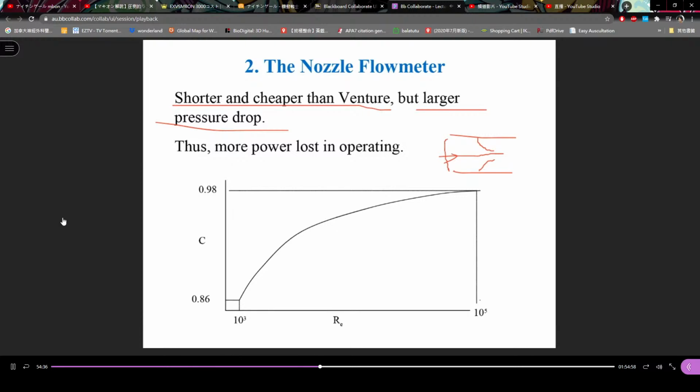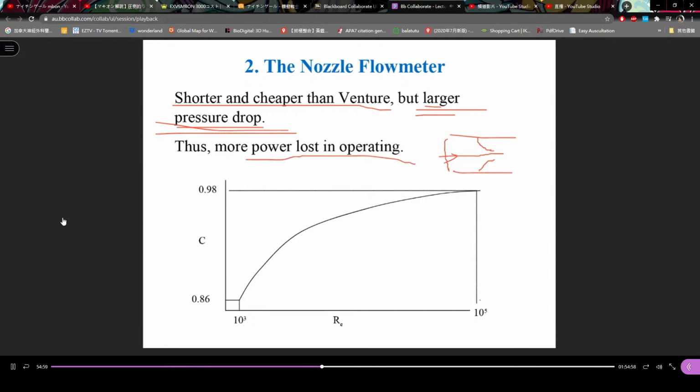Narrowed path, larger pressure drop. Because a Venturi meter can be made with smooth gradual transition. But here it's not. So that's why larger pressure drop and more power loss in operating.